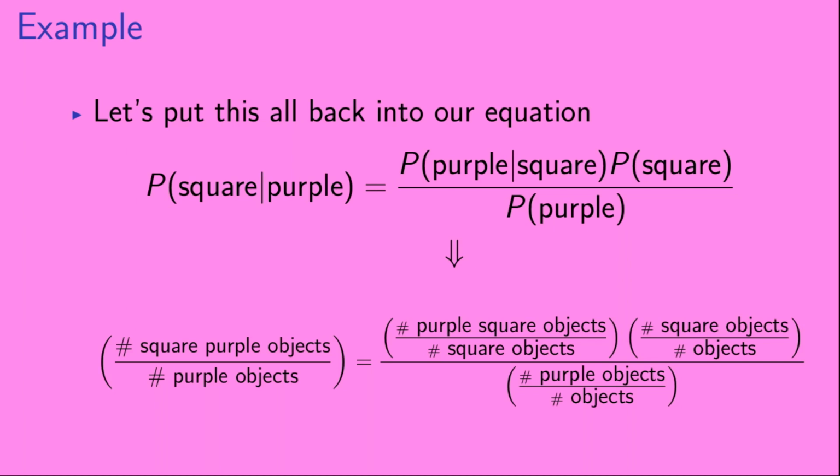That's equal to the number of purple square objects divided by the number of square objects. The next one is P of square. That's the number of square objects over the number of objects. And the one in the denominator, P of purple, is equal to the number of purple objects over the number of objects.